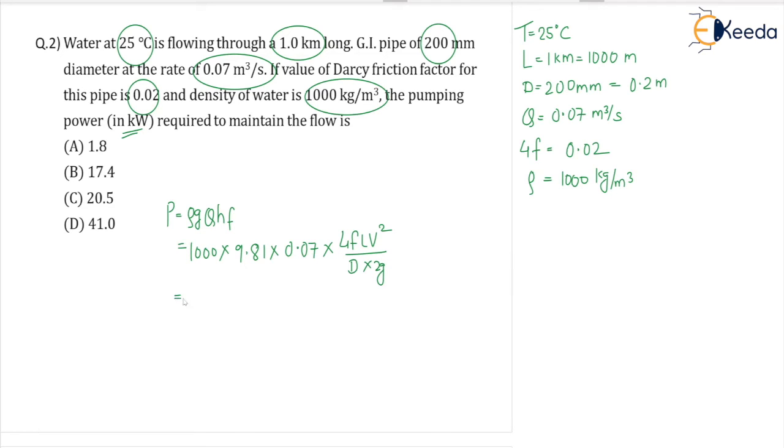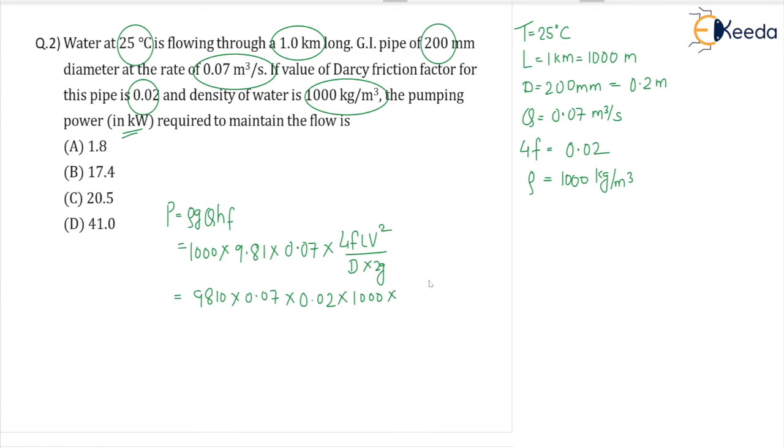It's a big equation. So 1000 into 9.81, you get 9810, into 0.07, into 4F L V square by D into 2G. So 0.07 into 4F. What is the 4F value? 0.02 into length, length is 1000, into velocity square.